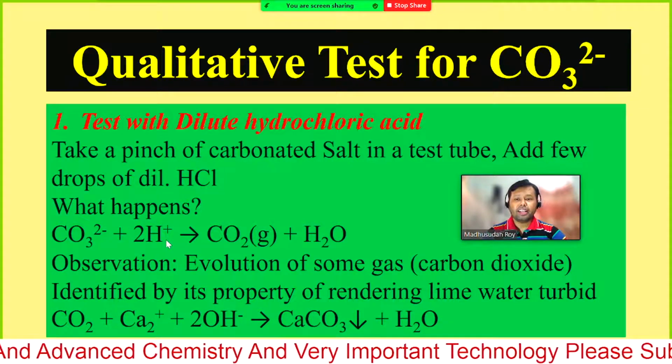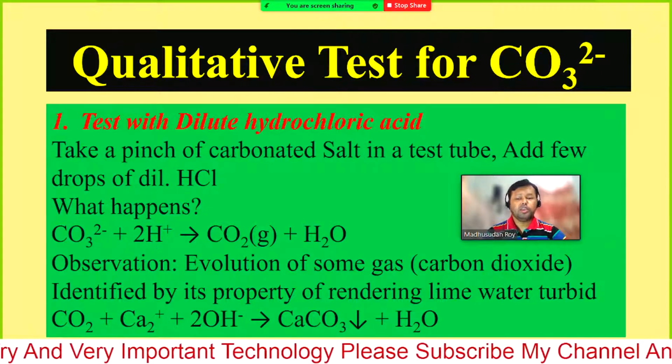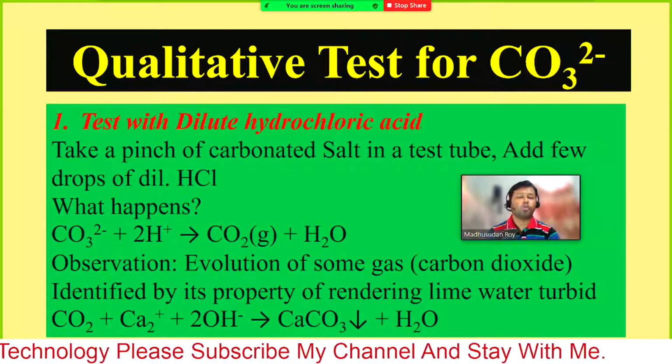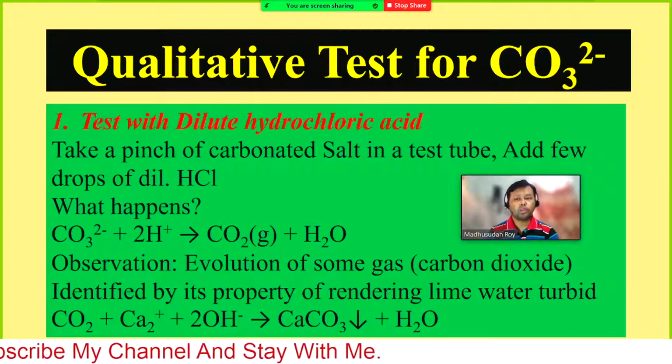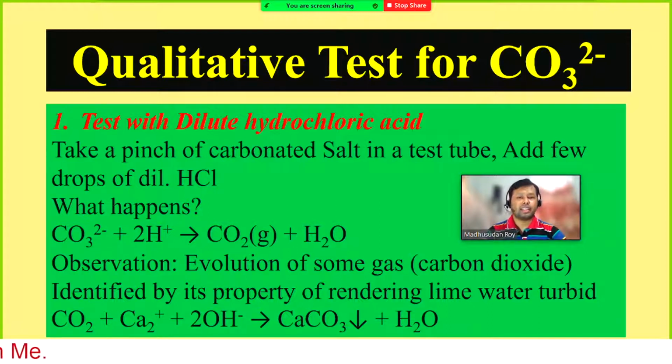We have just added acid to an unknown salt, which can be a carbonate or any other salt. If you observe some gas, it is either carbon dioxide or another gas. So how can you confirm?